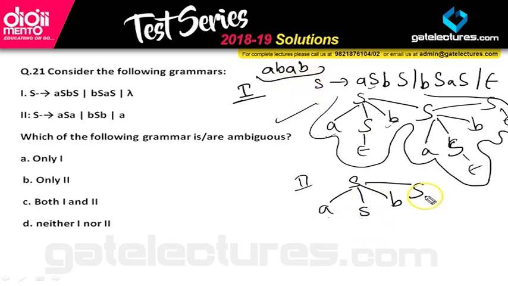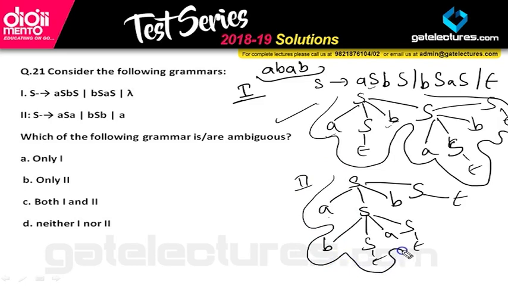Instead of using epsilon, I'm using this one. I want a b, so I will use this one production. Let's see if I can make it. a S, this one is epsilon, this one is epsilon. So top to down, left to right, it is a b a b.